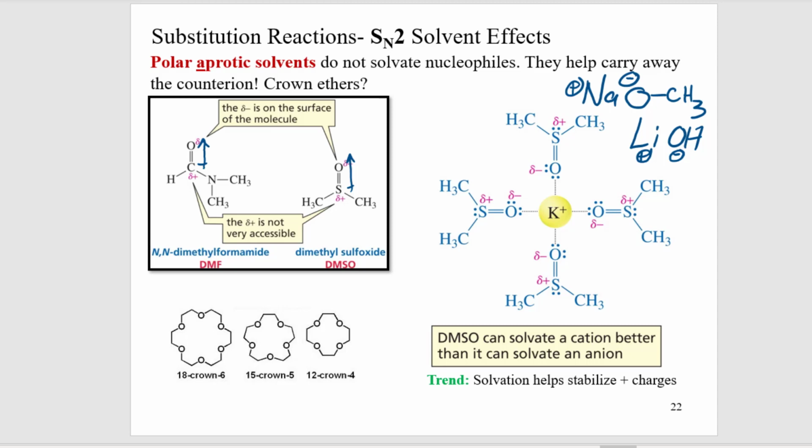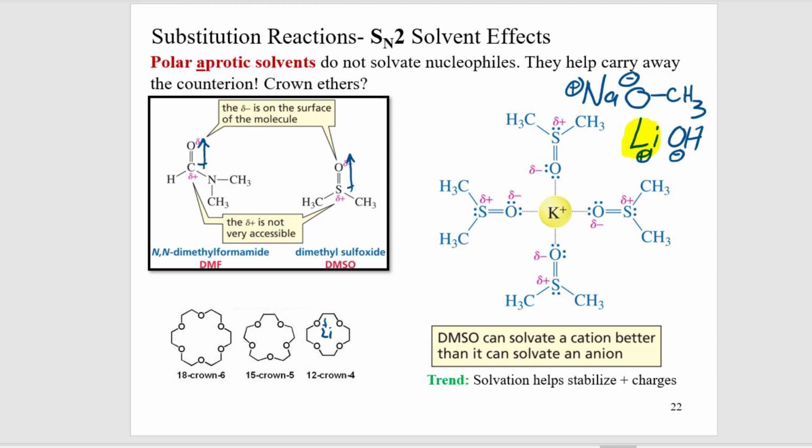These are called crown ethers, and we can use them to trap various sized atoms. So if I wanted to pull away this lithium counter ion, I might want to use a smaller 12-crown-4. This is a cage that's built. Those oxygens are partially negative of the ethers and they trap, and it's a perfect size for a small lithium ion. It's like a little cage built just for the lithium.